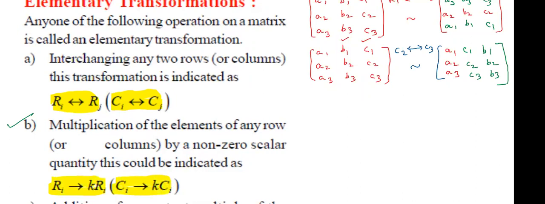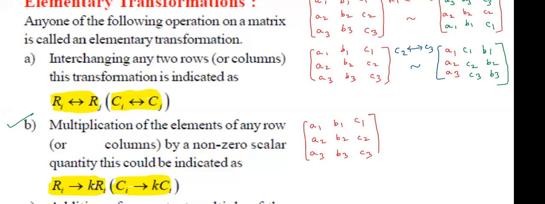First point we have discussed. Now I'm going to the second point. Give some example. See. A1, B1, C1, A2, B2, C2, A3, B3, C3.